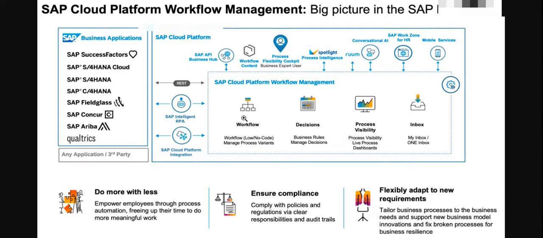It can work with different solutions. To integrate this Cloud Platform Workflow with different solutions, the most important thing is that we should have the appropriate APIs to get connected to them.